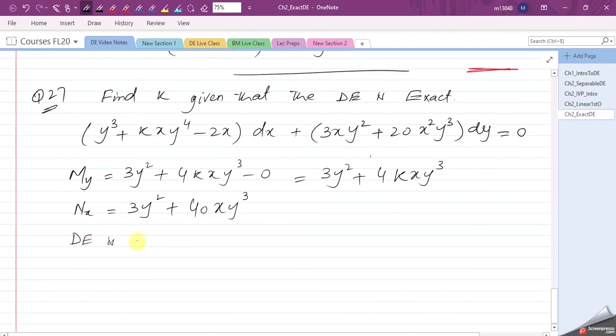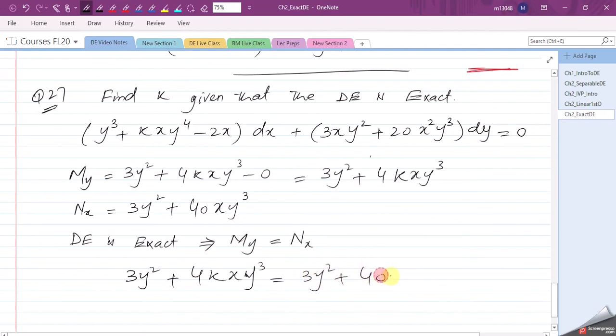Because the differential equation is exact, it's given in the question that the differential equation is exact, it means my equals nx. Already we know that. So this means 3y squared plus 4kxy cube equals 3y squared plus 40 xy cube.